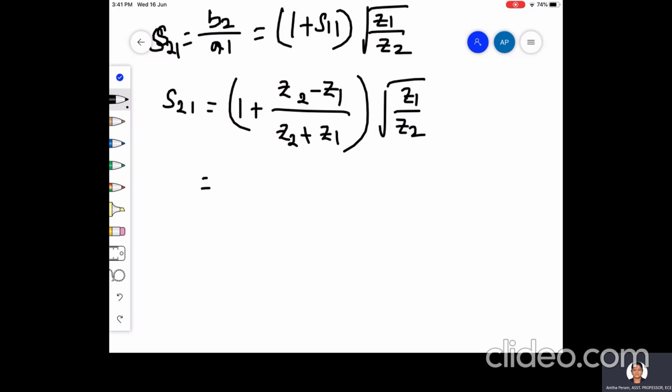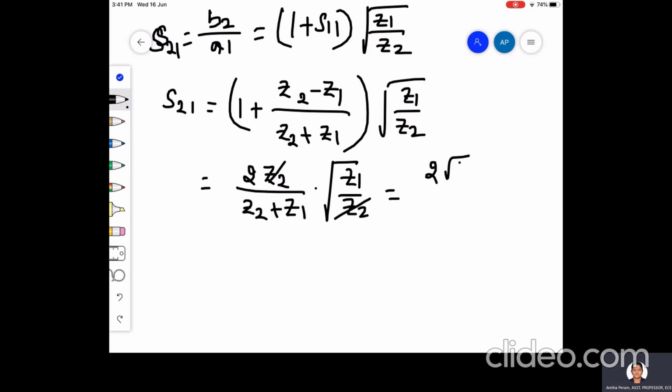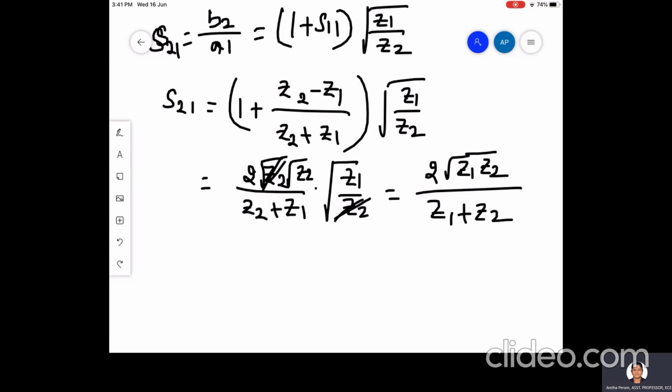Z1 terms cancel in the numerator, so we'll be left with 2 times Z2 divided by Z2 plus Z1, multiplied with square root of Z1 by Z2. And again you can write this as 2 into square root of Z1 into Z2 divided by Z1 plus Z2. You can write this as square root of Z2 into square root of Z2, and one will cancel. So this is about S21.